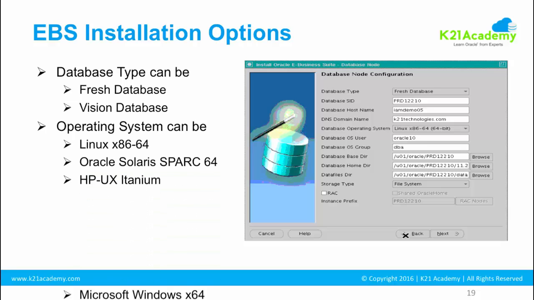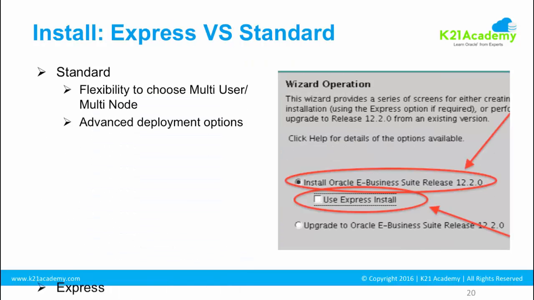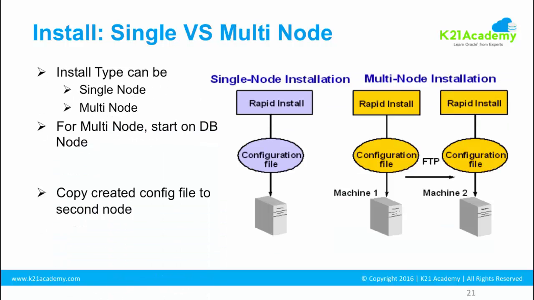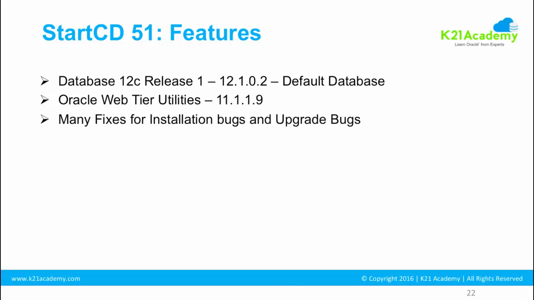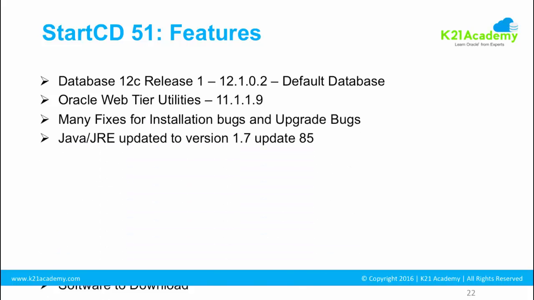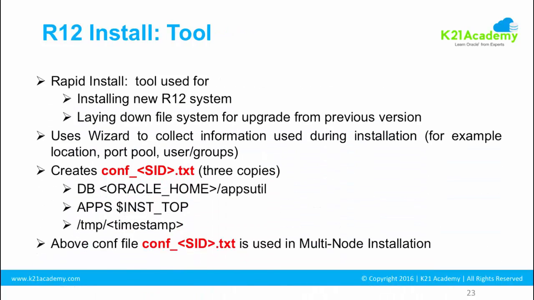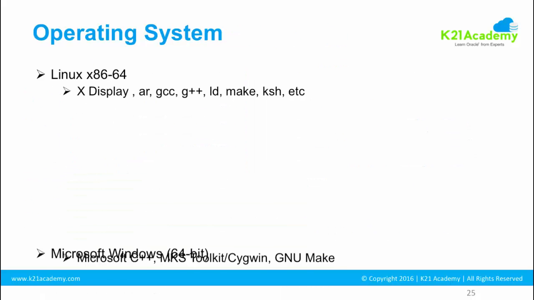Then we looked at which operating systems Oracle EBS is supported on. Then I went into detail on various installation options. After that, we looked at what exactly StartCD is and what you get when you use StartCD 51. Then we looked at the install tool, that is RapidWiz, and the file system layout when you install Oracle EBS, specifically the application tier.